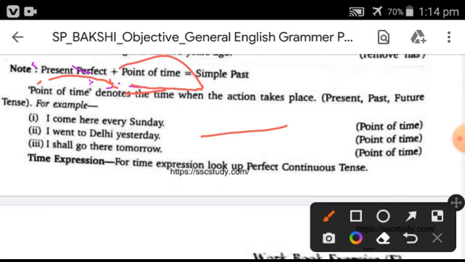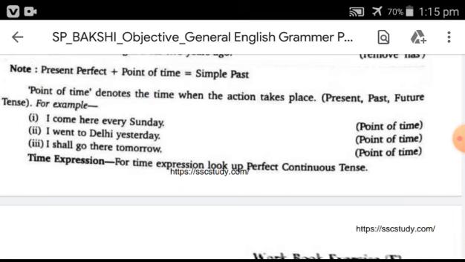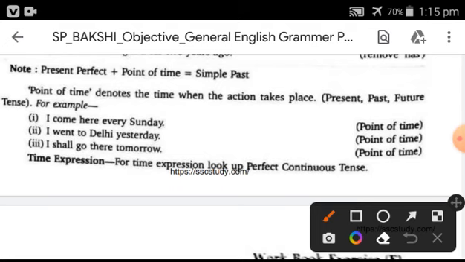Let us try it with examples. I come here every Sunday. Here a point of time is given, every Sunday. I went to Delhi yesterday. A point of time is also there. I shall go there tomorrow. A point of time is also here.